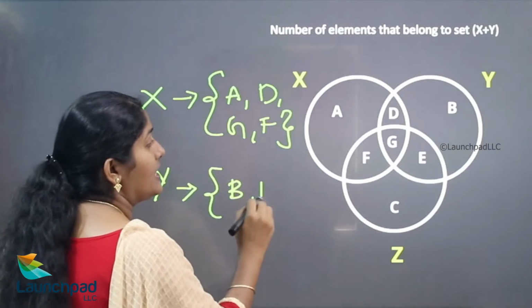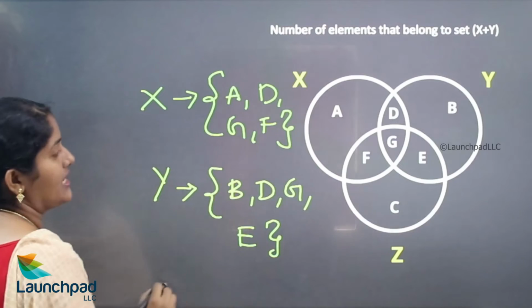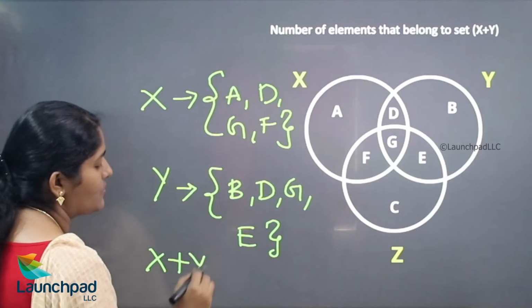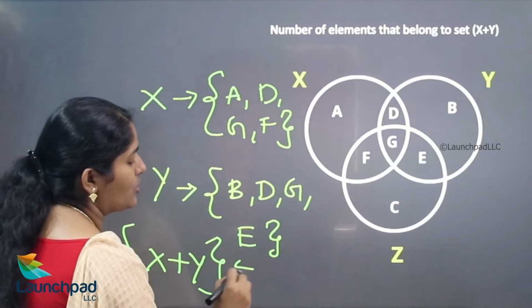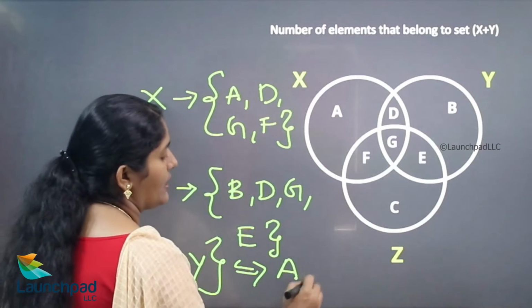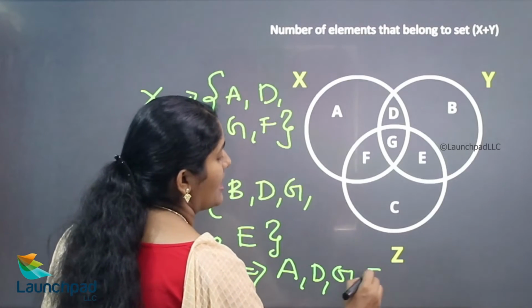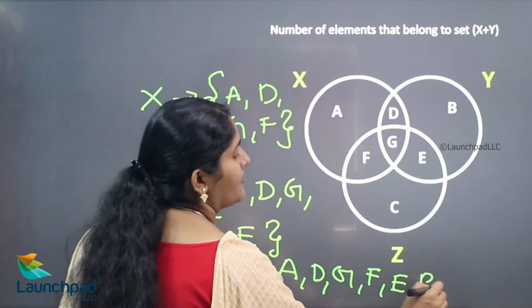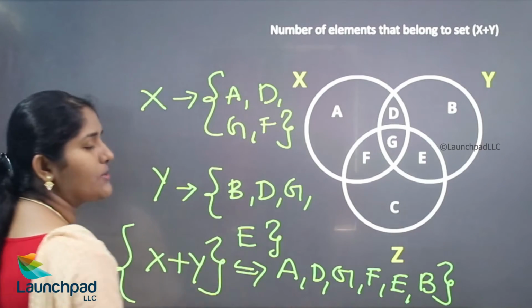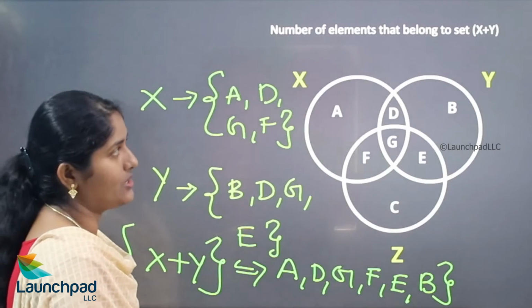B, D, G, E. We can write X plus Y, meaning we want to combine both sets of elements, need not repeat anything. So A, D, after that G, F, E, after that B. These are the elements which belong to X plus Y. Okay, we'll move on to your next question.